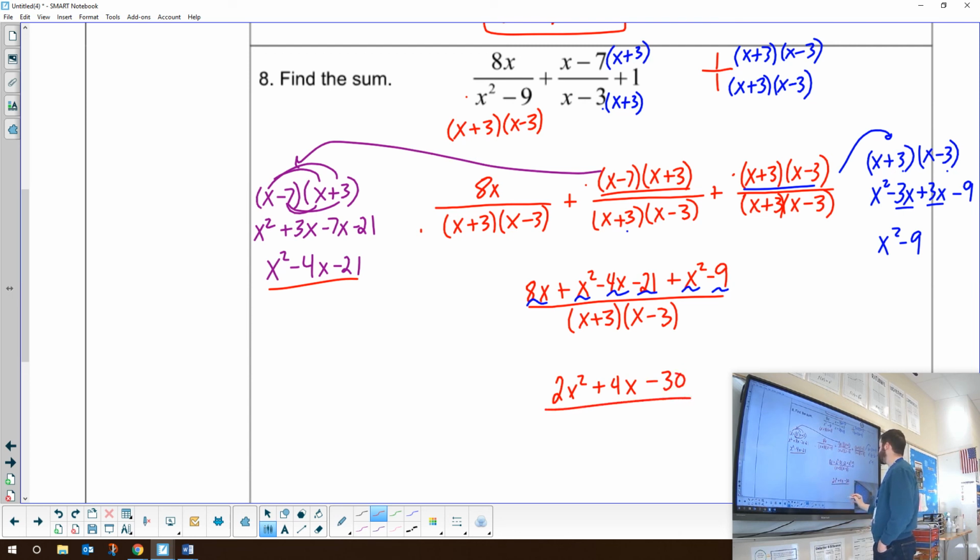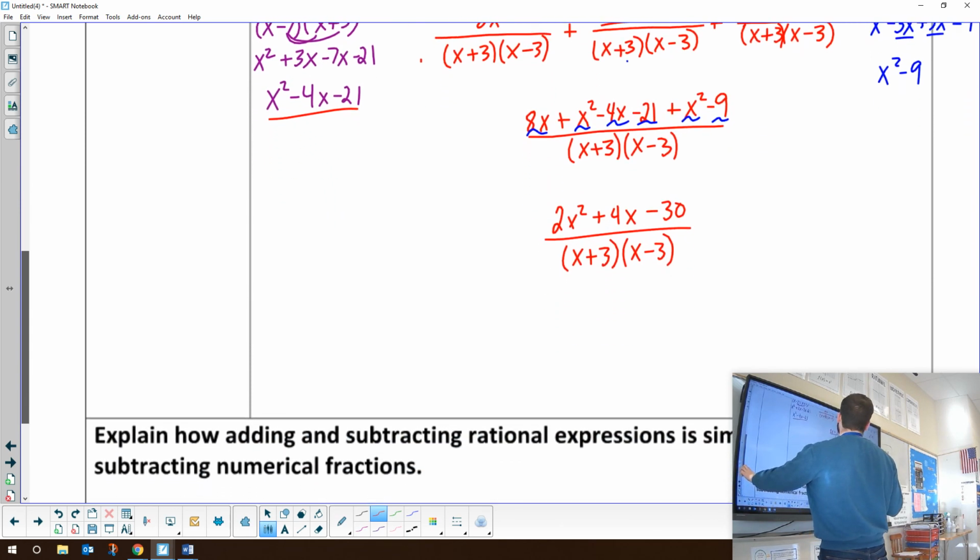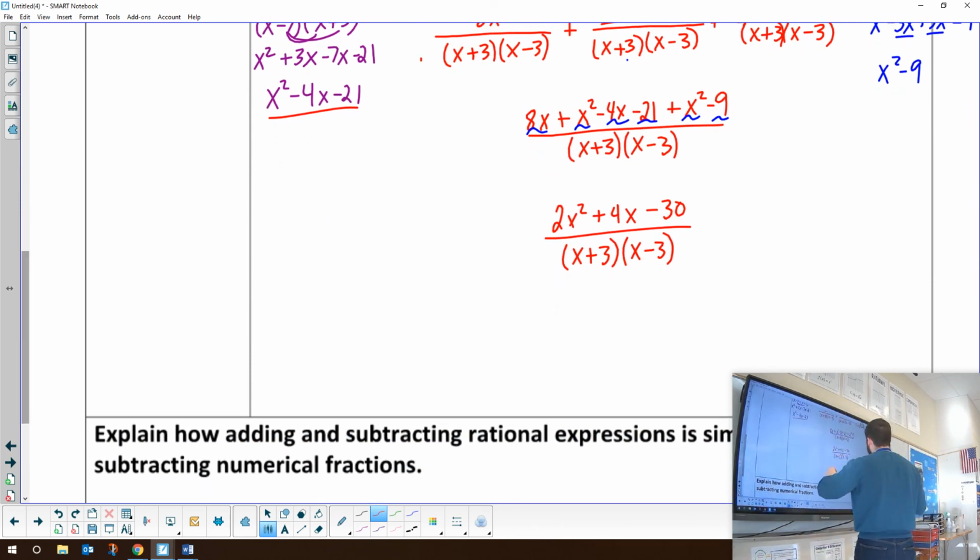And all of this is going to be over x plus 3 times x minus 3. Now, we need to check and see, can I factor this? Can I factor this 2x squared plus 4x minus 30? The answer is maybe. Let's see here.